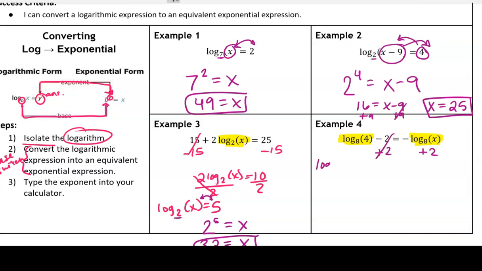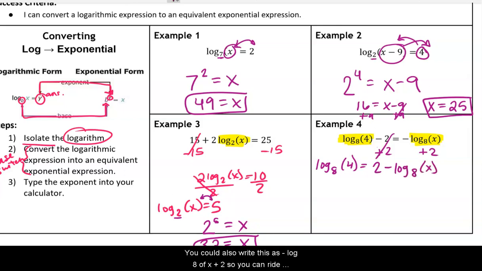So we have log base 8 of 4 equals 2 minus log base 8 of x. You could also write this as negative log base 8 of x plus 2. So you could write the plus 2 on the end or at the beginning. It really doesn't matter. It's the same. Then I'm going to add the log base 8 of x to the other side so we can combine those logs together.